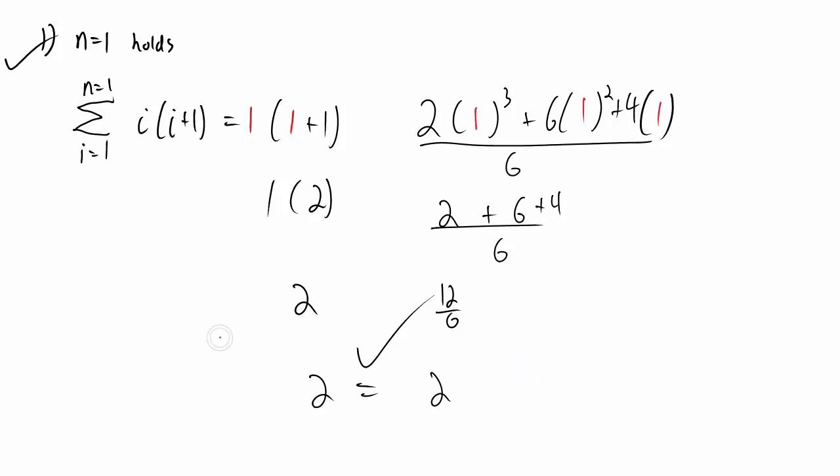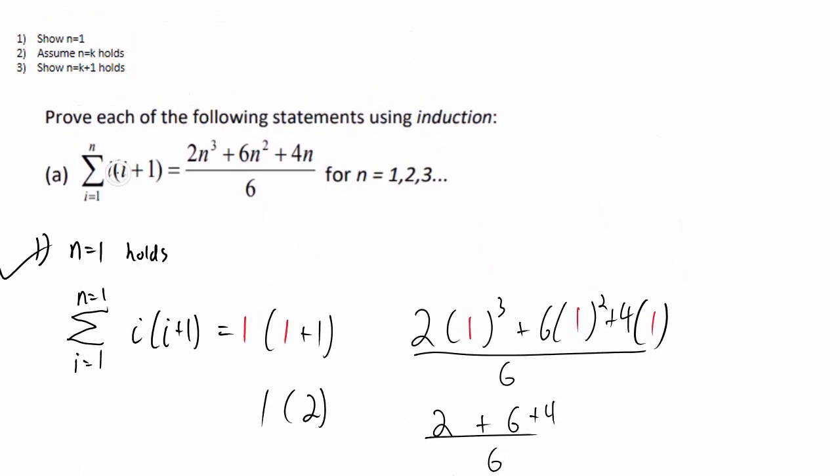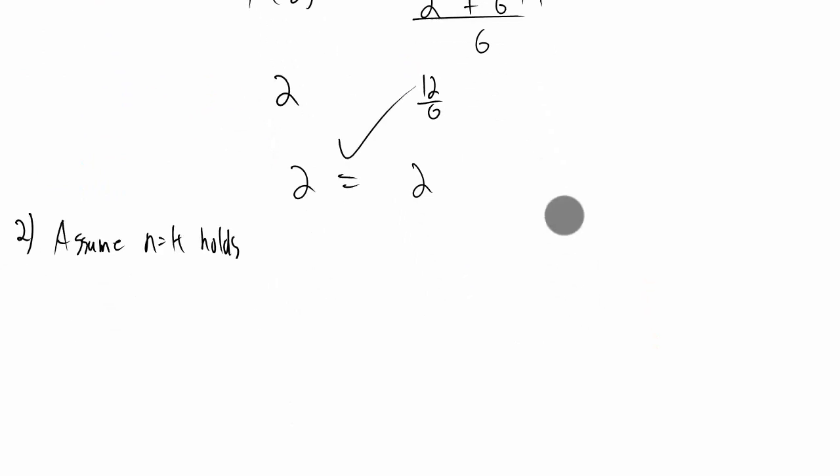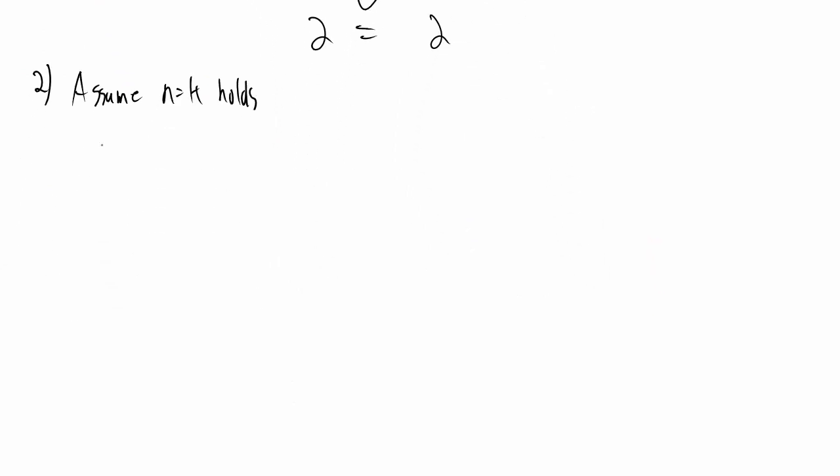Now we're going to do our assumption, our hypothesis, which is step 2. We're going to assume that n equals k holds, so holds to be true. In other words, we're assuming that in this finite series, if we plug a k in here, this will work out. So if I assume n equals k holds, that means using my sigma notation, I start at i equals 1 and go to k of i times i plus 1.